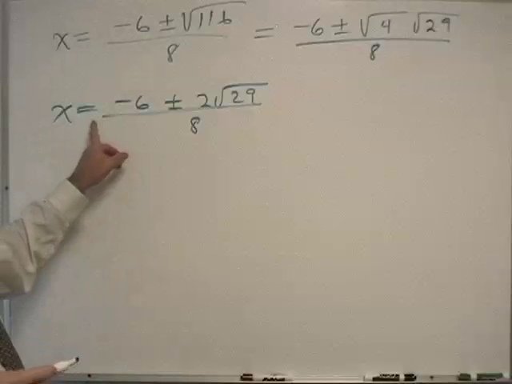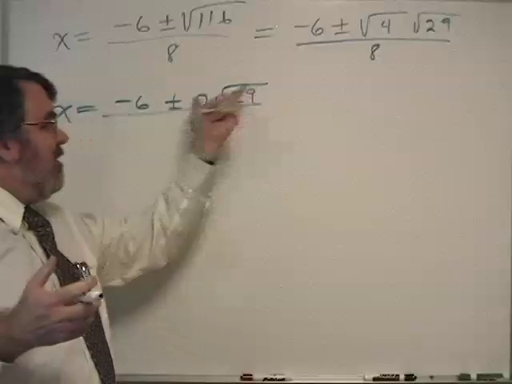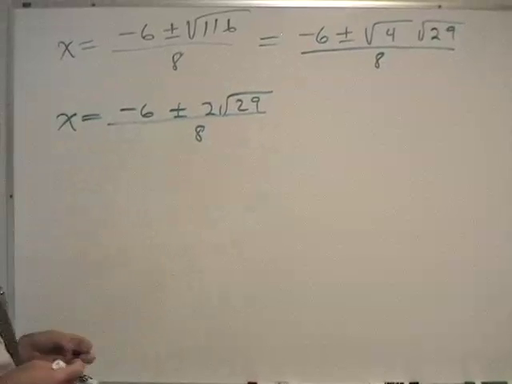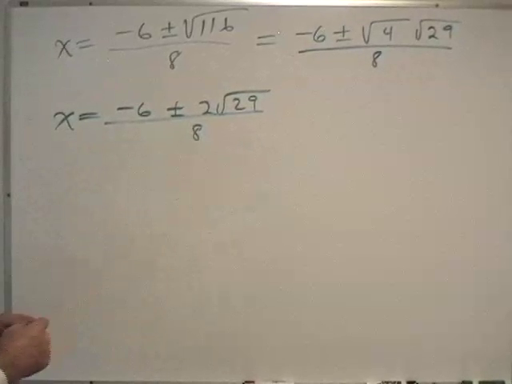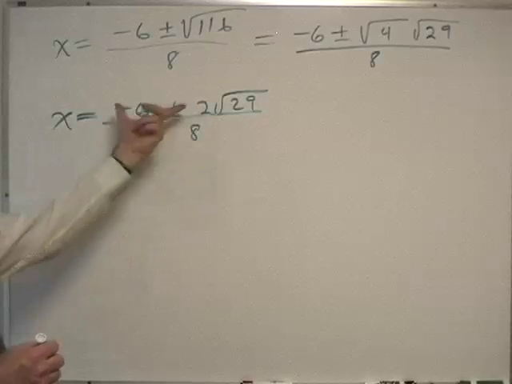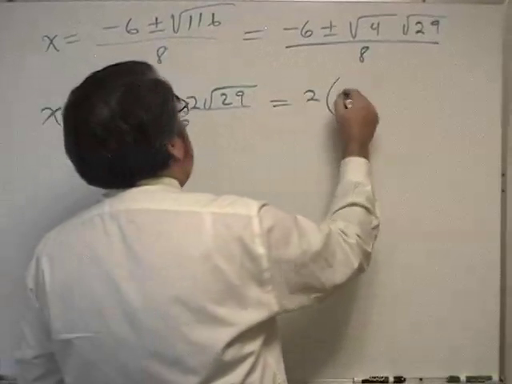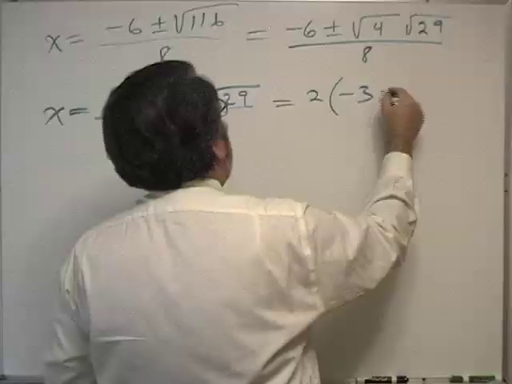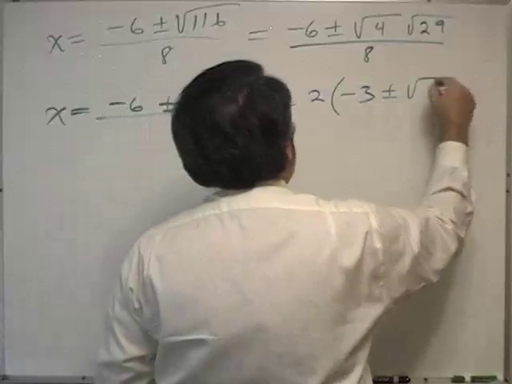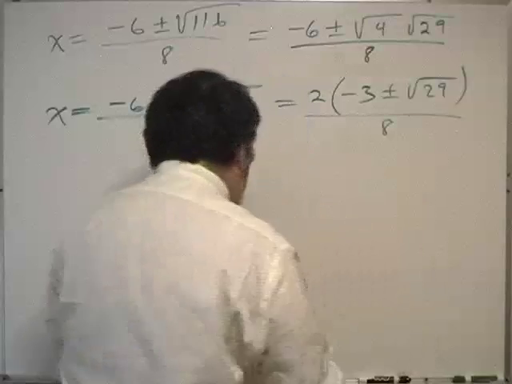And don't forget, this division line goes under everything up here, not just part of it. Some people get lazy about drawing that. All right, well, 6 and 2, we can factor 2 out of these terms. So I'll factor 2 out, and that leaves negative 3 plus or minus the square root of 29, divided by 8.